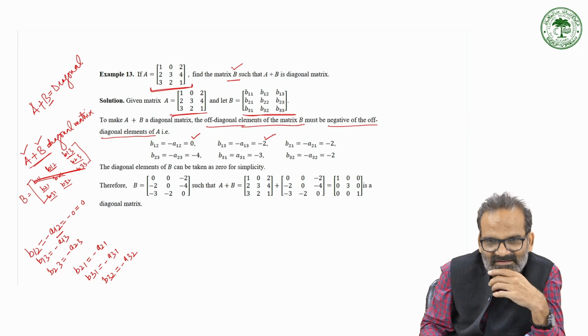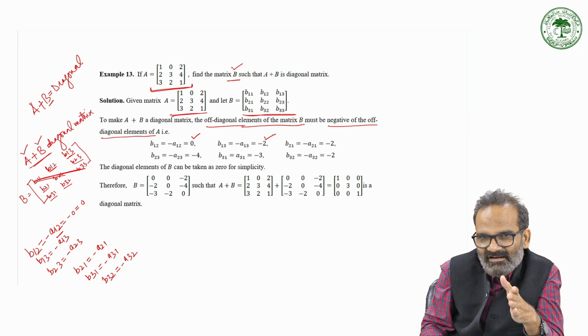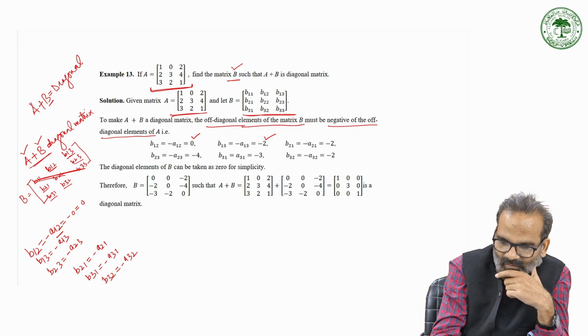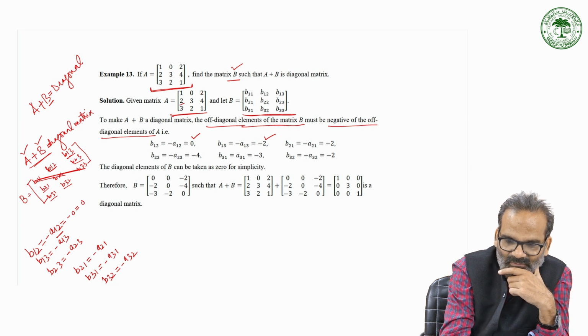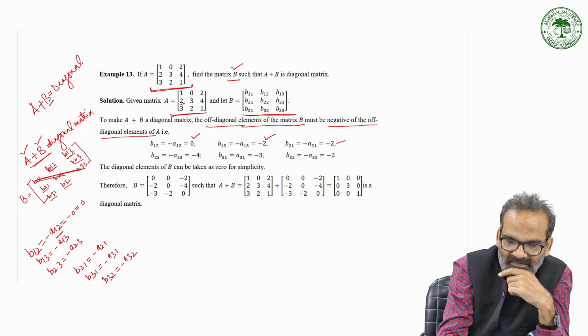Because the elements of B which are off-diagonal should be negative of the elements of A which are off-diagonal. Now B21 is equal to minus A21. A21 is 2. So B21 is minus 2. Third, B23 is equal to minus A23, and A23, from A21, A22, A23, is 4.